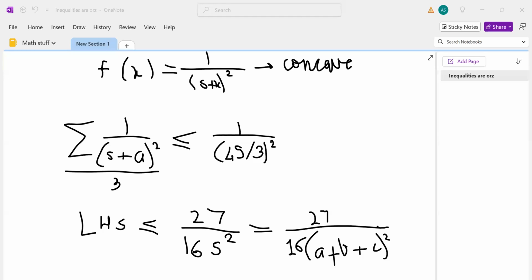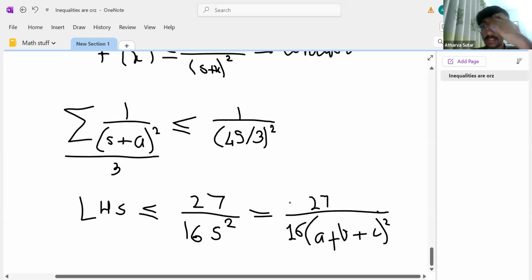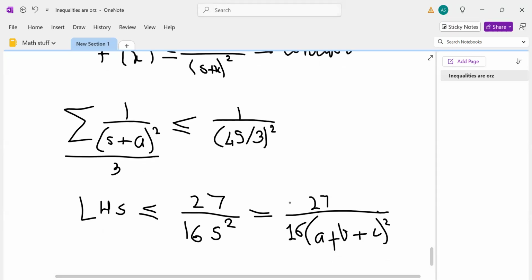I said that we can break (A plus B plus C) whole square into (A plus B plus C) times (1 by A plus 1 by B plus 1 by C). But there is a more direct method. We can also say that 2S equals A plus B plus C plus 1 by A plus 1 by B plus 1 by C, which is greater than or equal to 6, and so on.